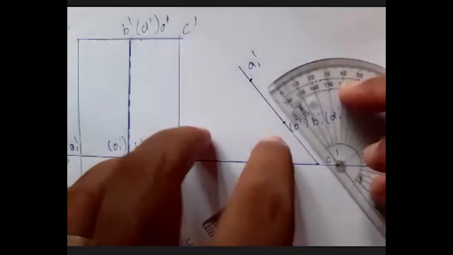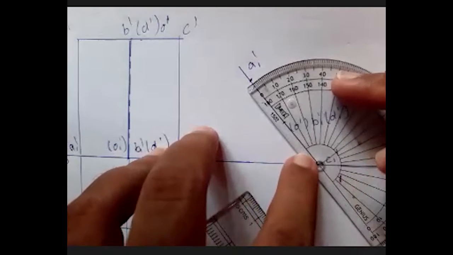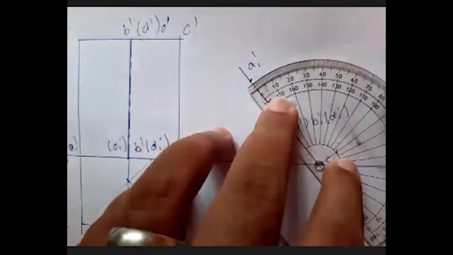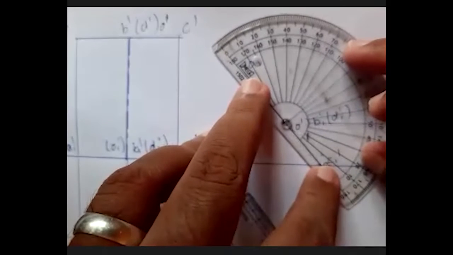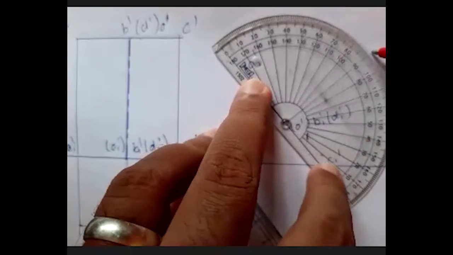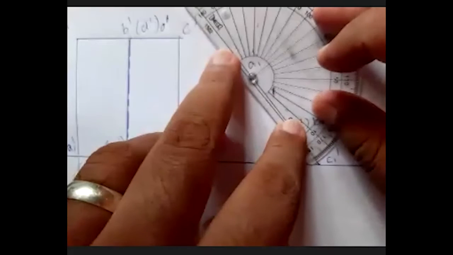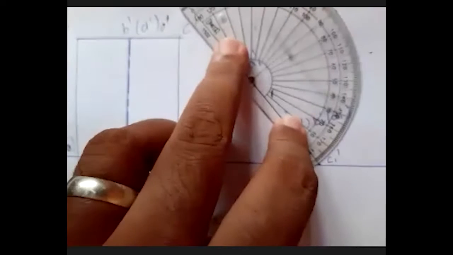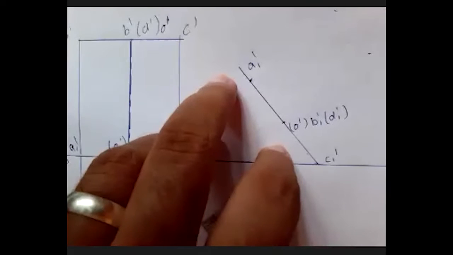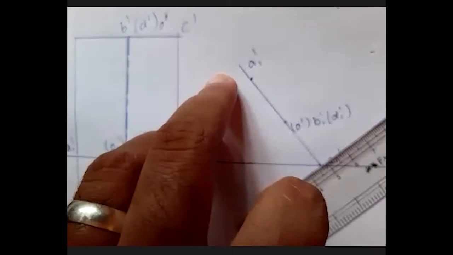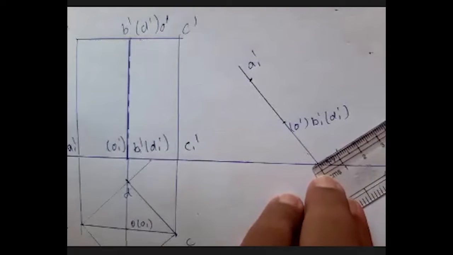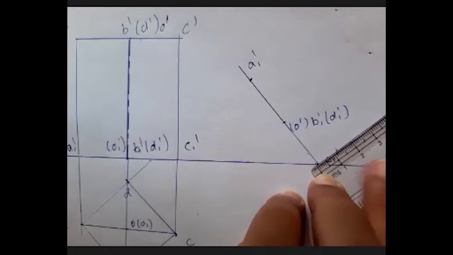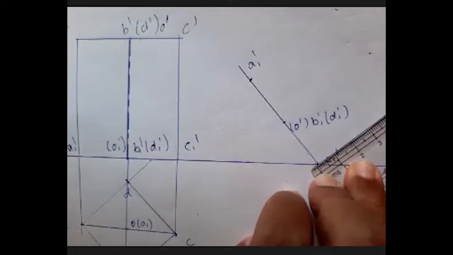And from here I'm going to draw a 90-degree line, because it has to be a straight line. If we had a drafter, we could have done it directly. Then I'm going to have a 60 mm line here because the length of the axis is 60 mm.